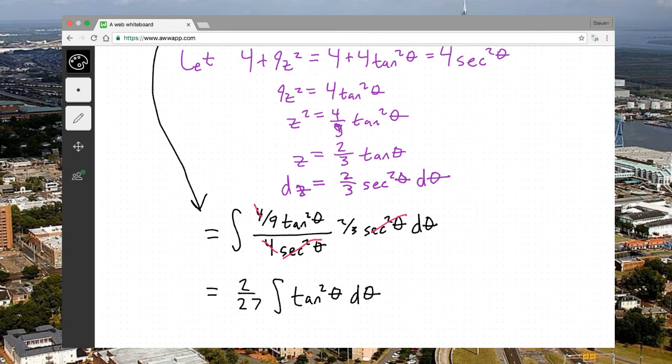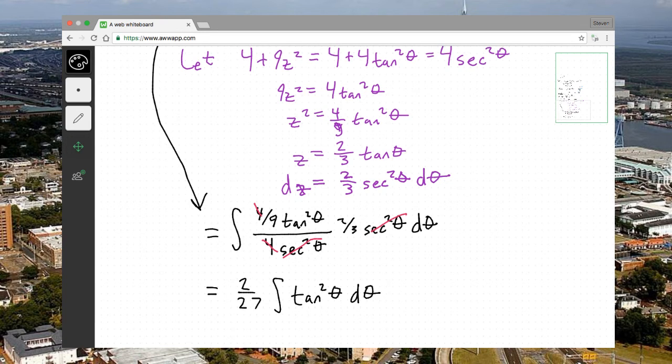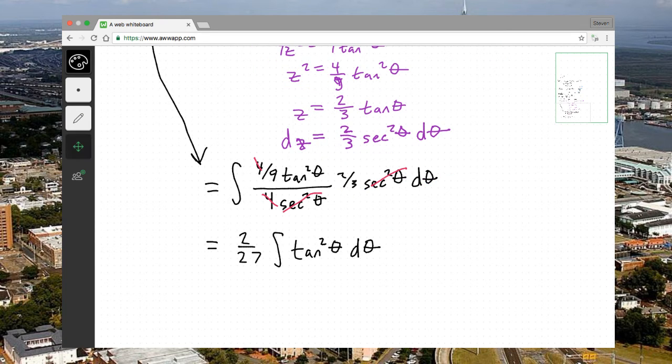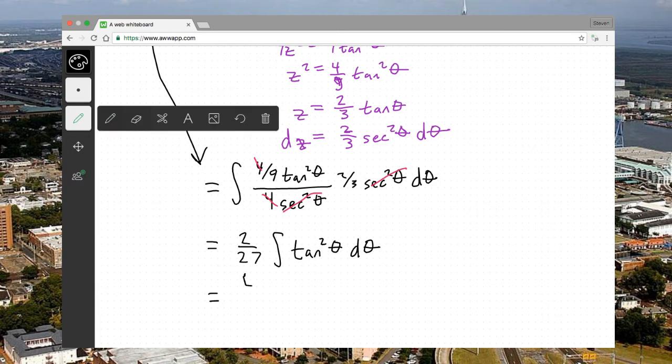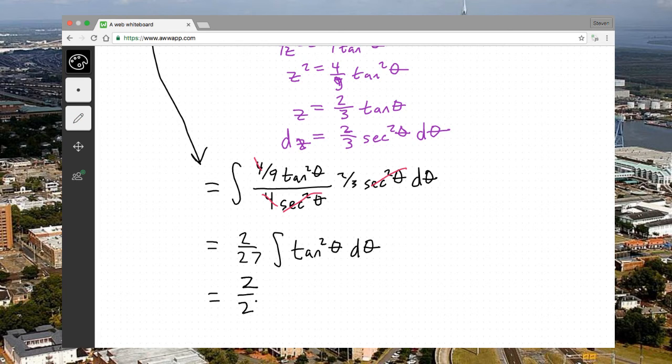Now I don't know what the integral of tangent squared is, but fortunately I do know my trig identities. I know that tangent squared is the same thing as secant squared minus 1. So I'll make that change. Tangent squared becomes secant squared minus 1.